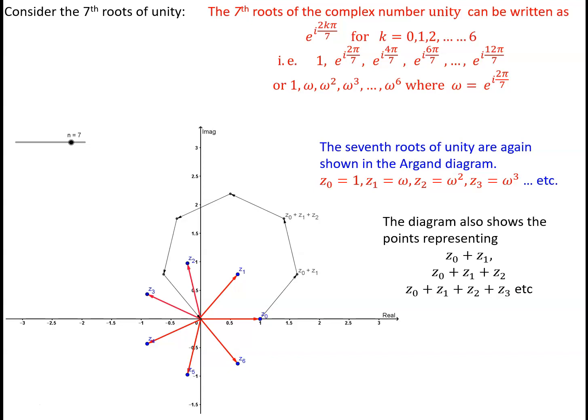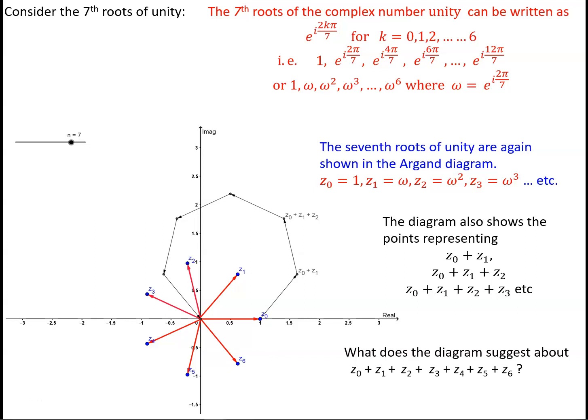And if you look at the effect of adding all of them together, you notice that we get back to the origin. So this is suggesting that z0 plus z1 plus z2 plus z3 plus z4 plus z5 plus z6 is equal to 0.